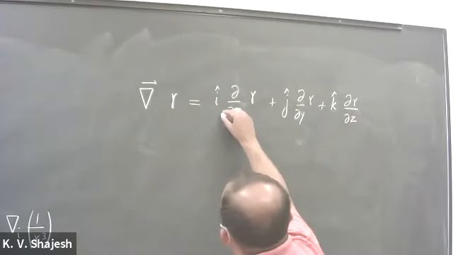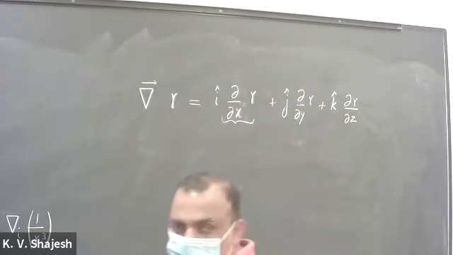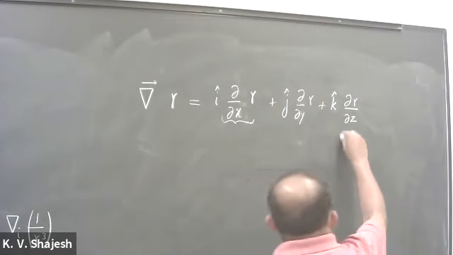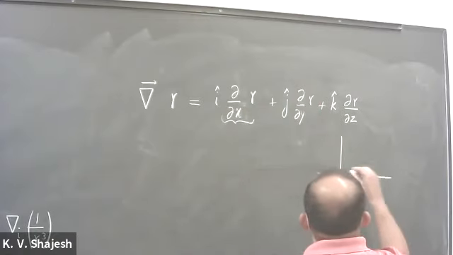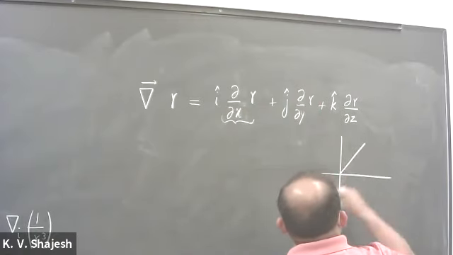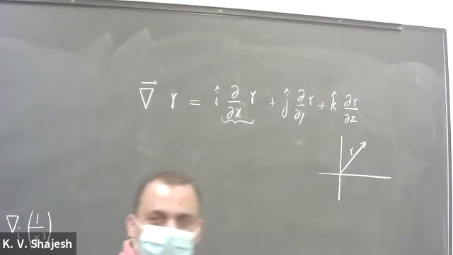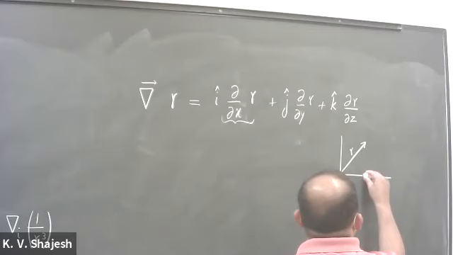And now ask the question, what is this? How does the magnitude of a vector change as you go in the x direction? That's the question you're asking, right? So you have the length of this vector R, only the length, not the direction. How does the length change as you go from this point to this point?